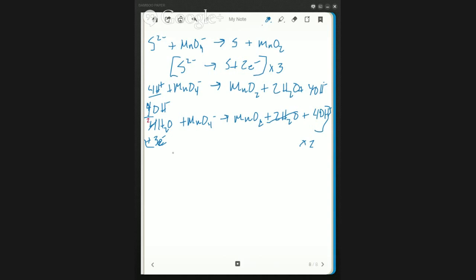So with this one, it will work out just about the same as the first example that we did.